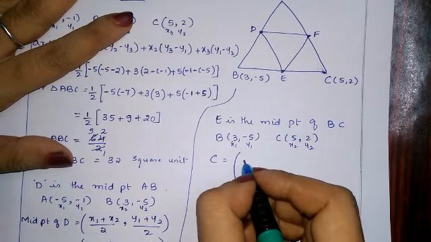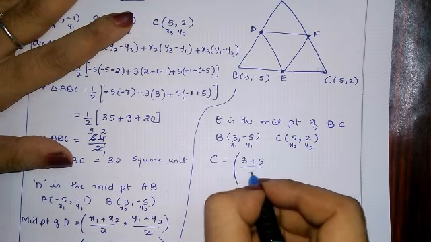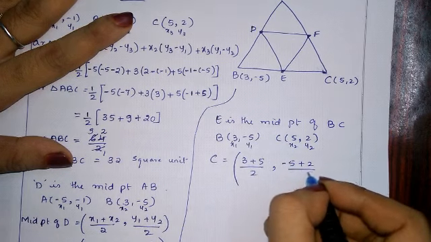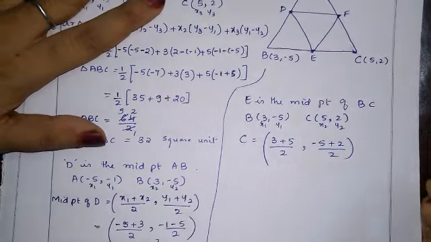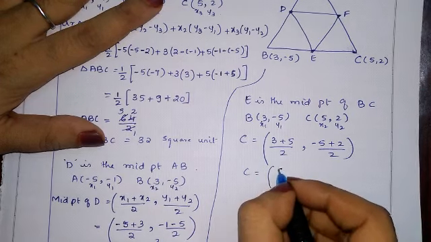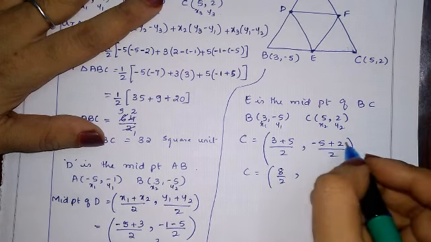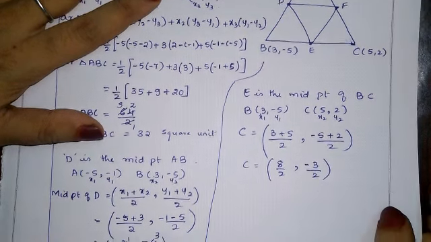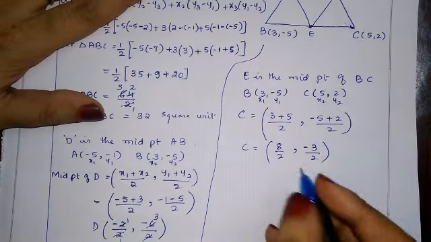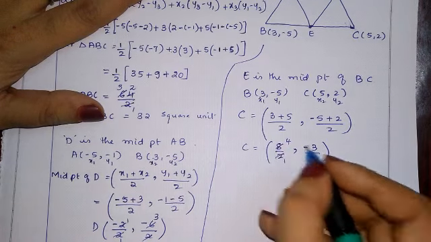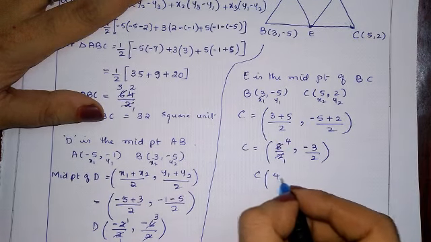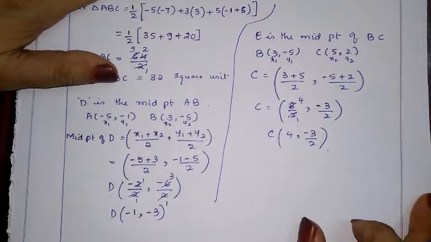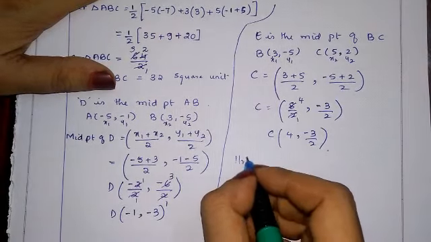We know the formula: x1 plus x2 by 2, 3 plus 5 by 2, y1 plus y2 by 2, minus 5 plus 2 by 2. So E is equal to 8 by 2 comma minus 3 by 2. We got minus 3 by 2, correct? Yes. 2 1s are 2, 2 4s are 8. E point we got 4 comma minus 3 by 2. Let it be E point we got.